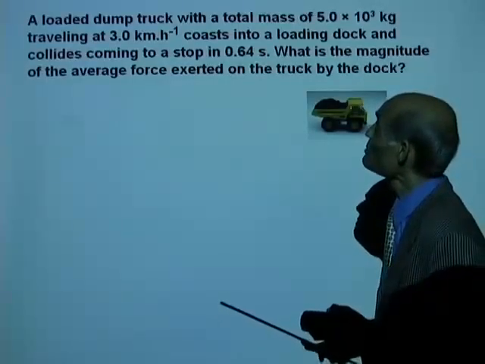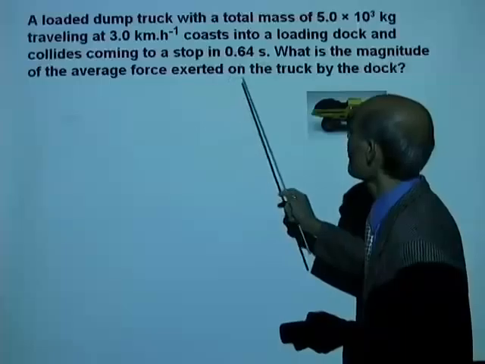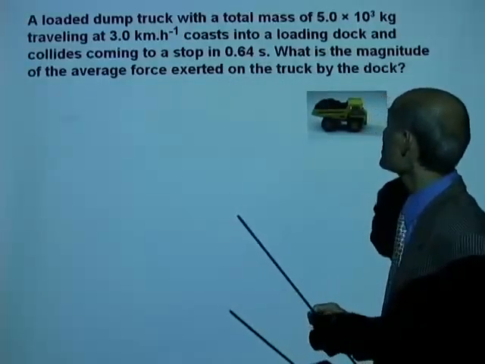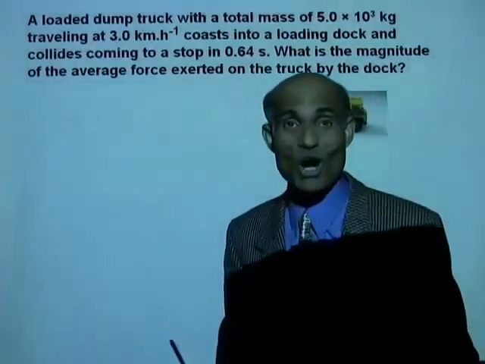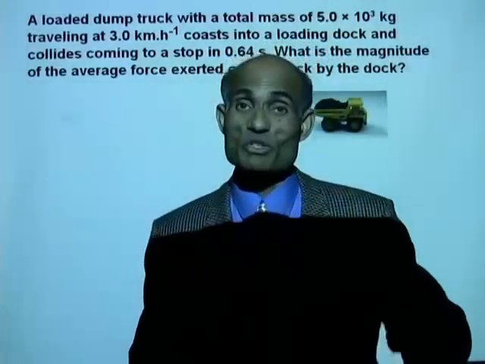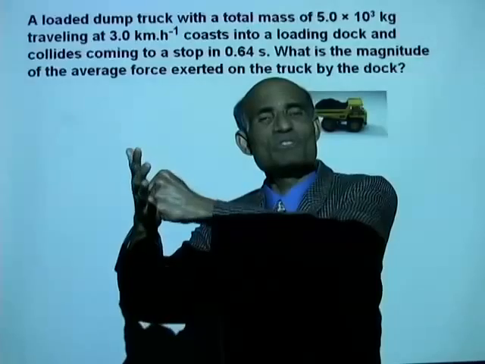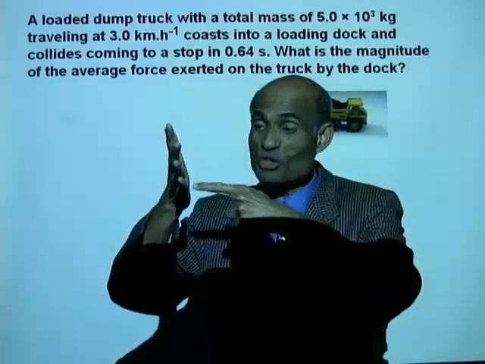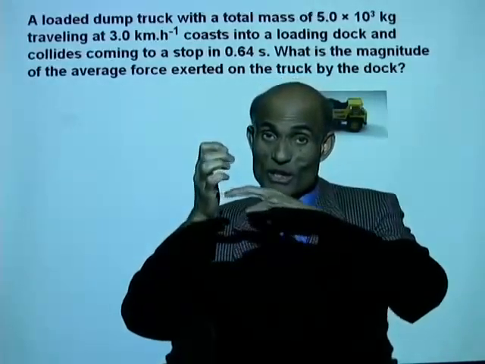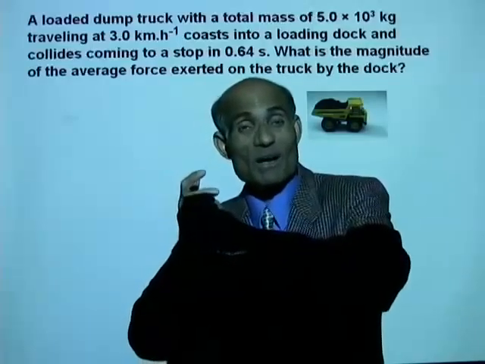What is the magnitude of the average force exerted on the truck by the dock? Well, the truck comes and hits the dock in coming to a stop. So it is the force exerted by the dock that stops the truck.